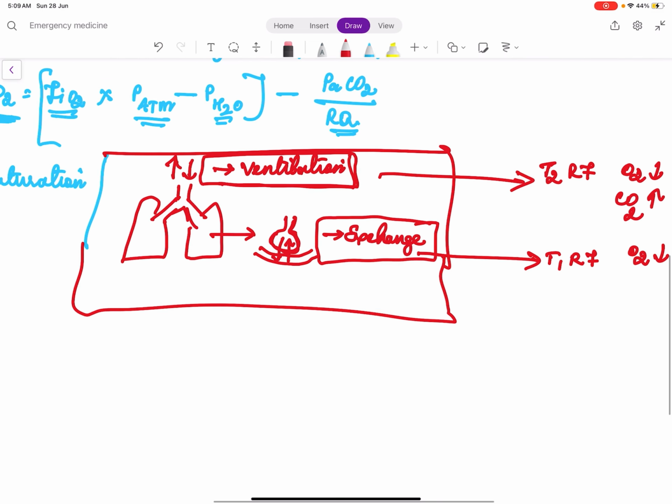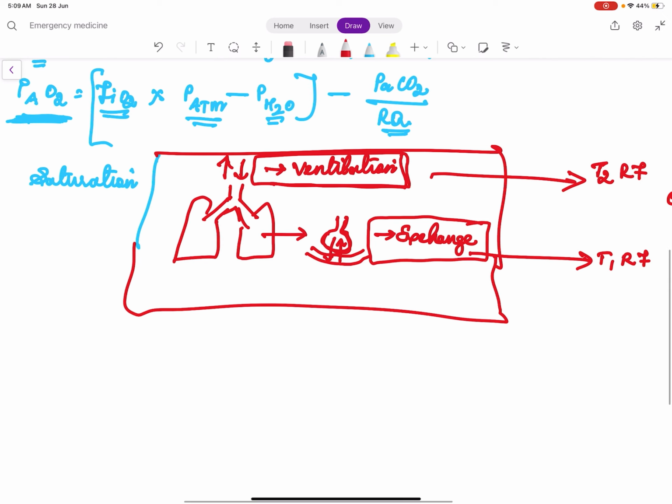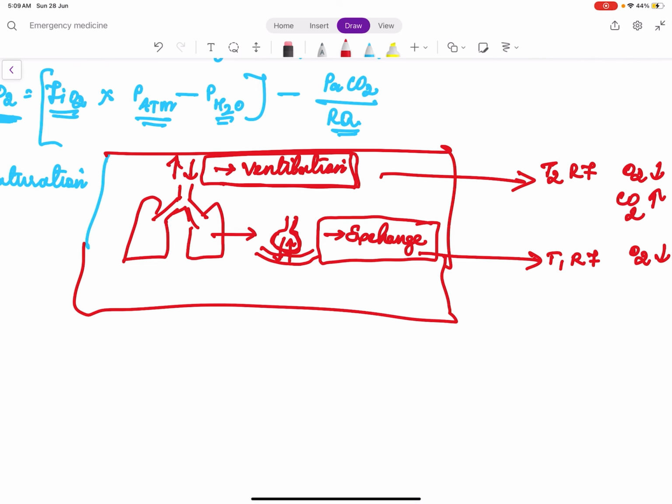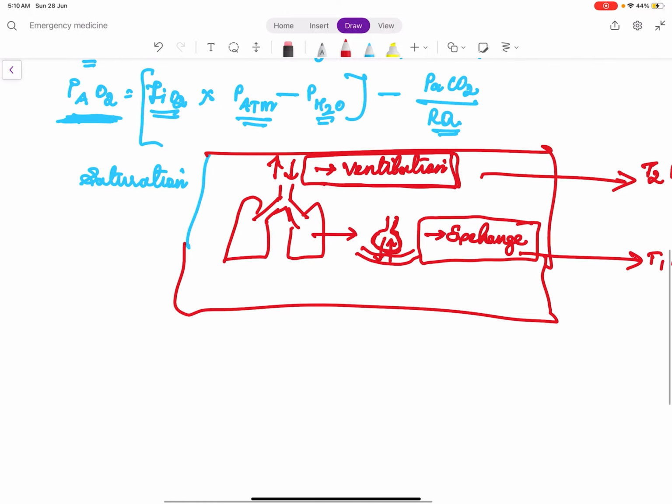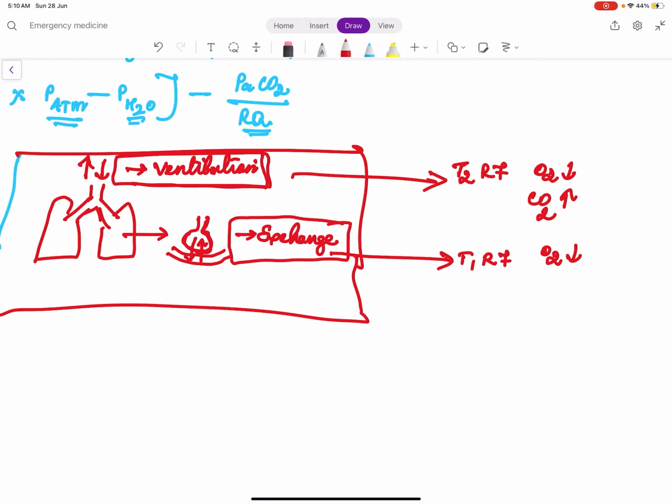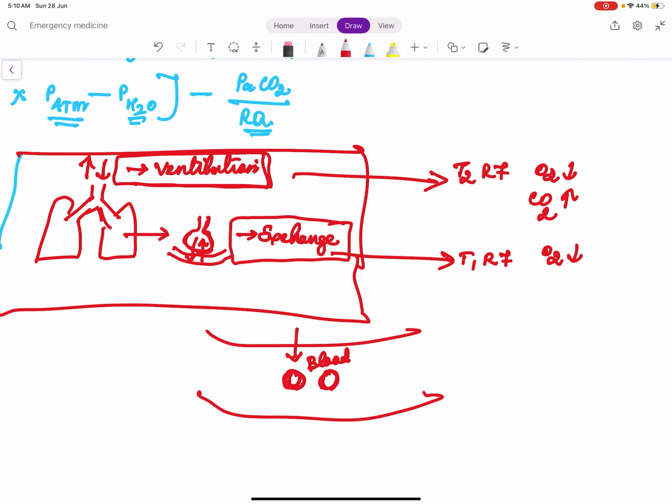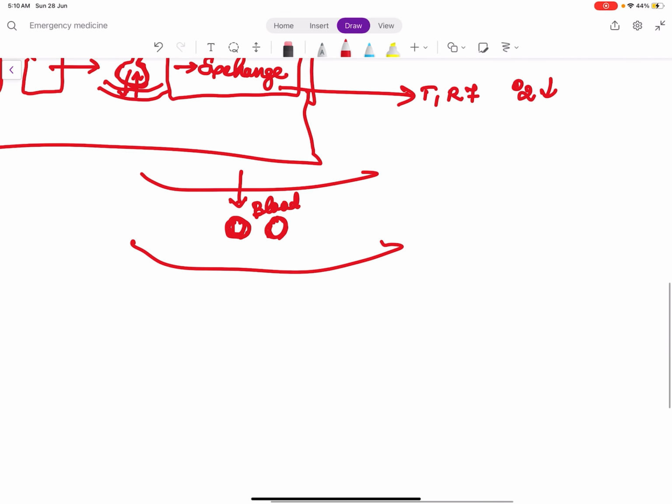Okay, so this is how oxygen enters into the capillary. In the capillary, how does oxygen go about? Among all the oxygen which enters, the majority binds to the RBCs and gets transported. A few get dissolved in the blood. So basically, oxygen gets transported in blood mainly in 2 ways.